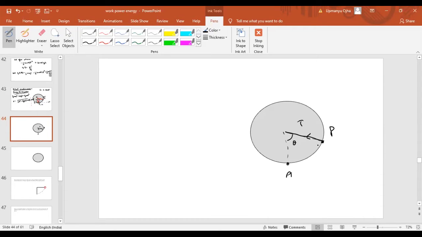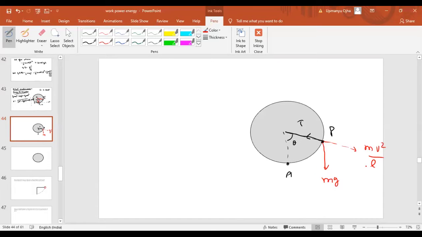Now if you see on this point P, if I take the force analysis here, we have mg which is acting downward. Then we have the centripetal force, that is a centrifugal force which is acting in the outward direction, that is mv square by r.